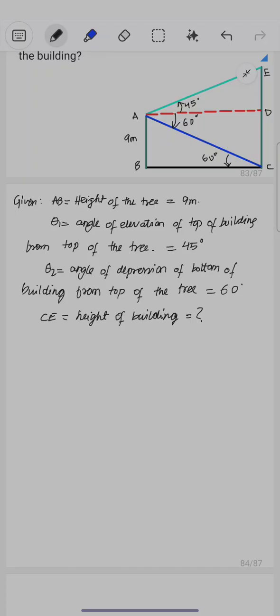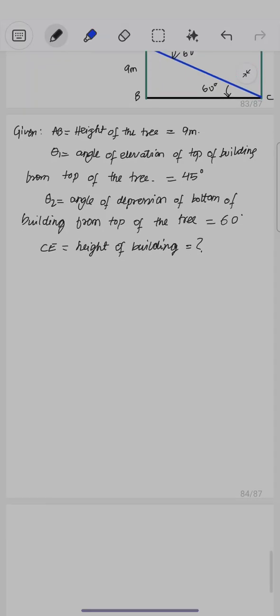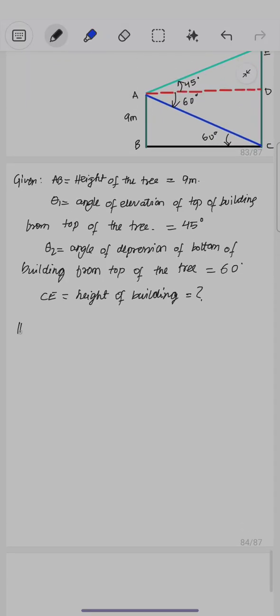Similarly, AD is here according to the diagram. According to the figure, AD is parallel to BC and AB is parallel to CD.